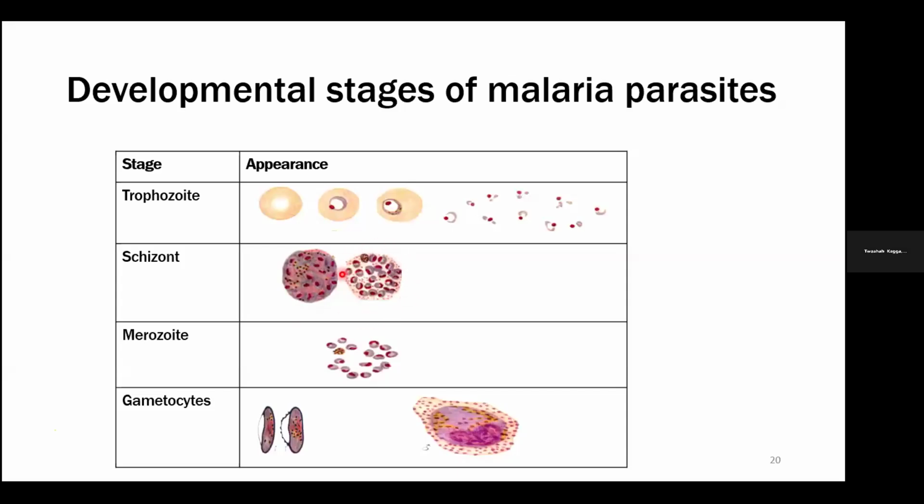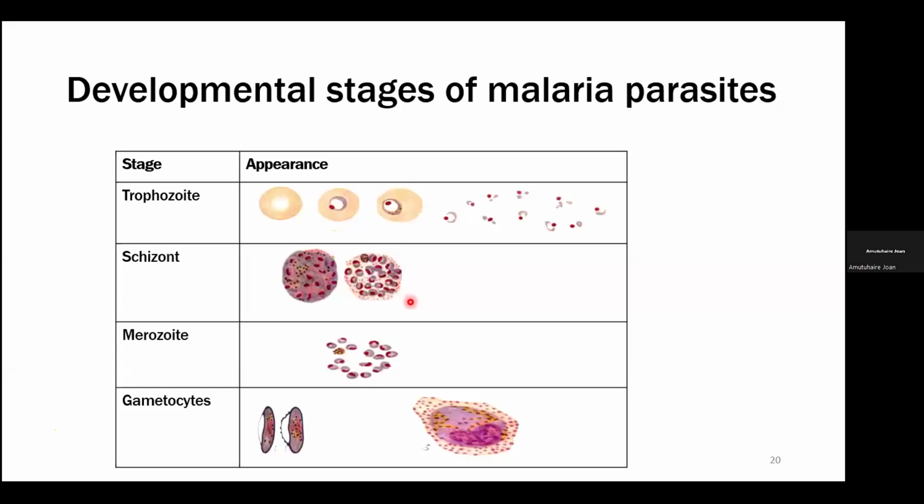Then, for a thick film, the red blood cells are hemolyzed, but at these later stages, it is difficult to completely lyse them. There is a ghost structure that stays there called the ghost cell, but these structures inside here with red dots and the blue cytoplasm are called merozoites.